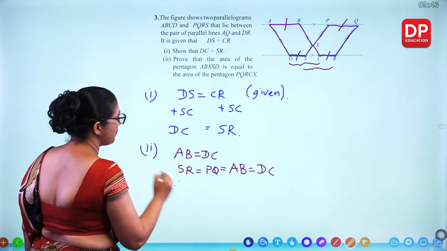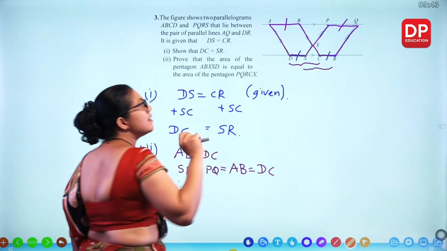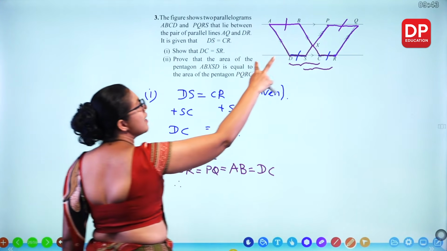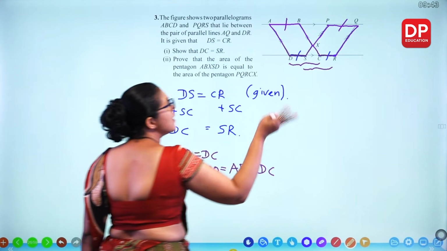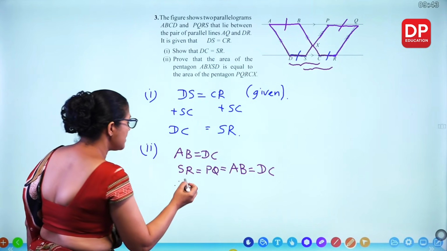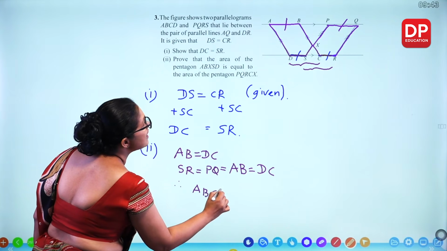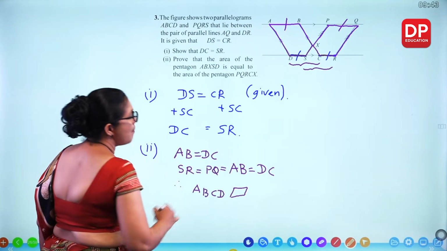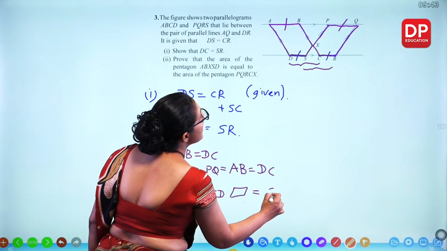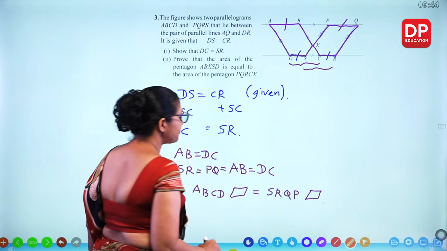That means these two triangles have the same area. Why? You get different bases but equal bases. Two triangles, we can write ABCD parallelogram area is same as SRQP parallelogram area.